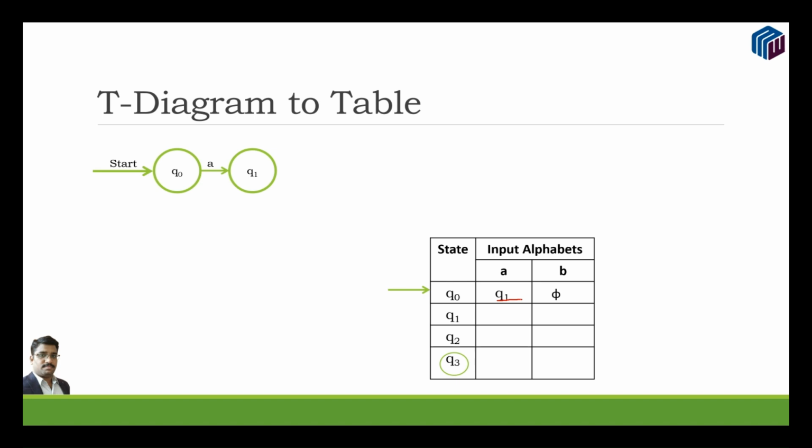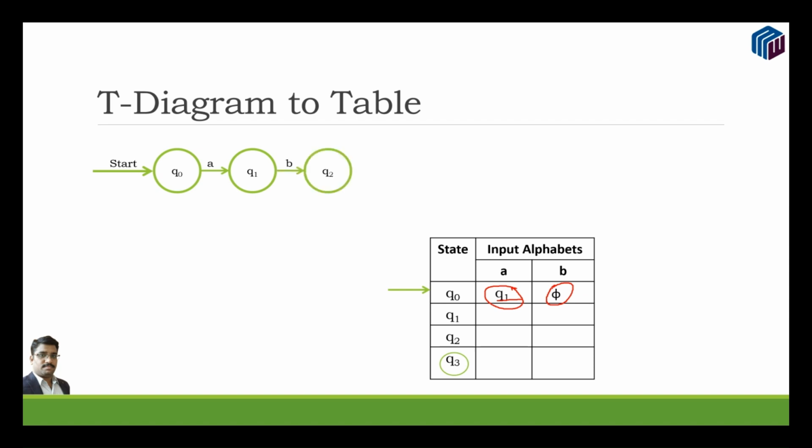Q0 on A goes to the state Q1, so we wrote Q1 under input A as the next state. Here there is no transition with B, so we wrote phi.